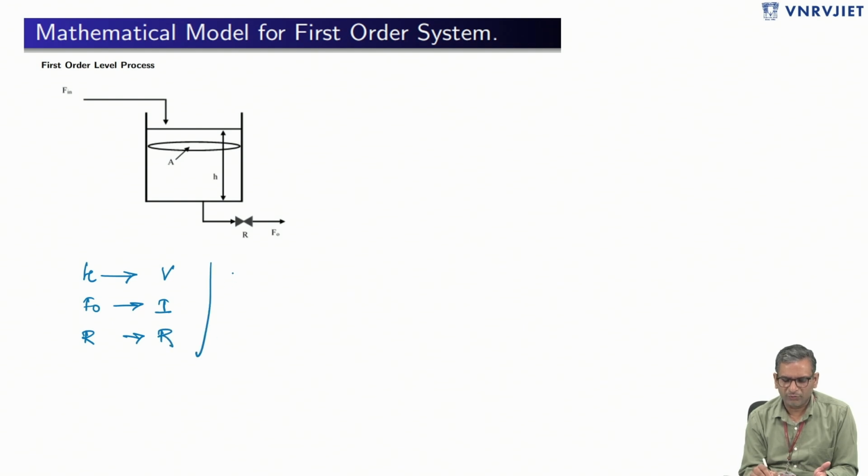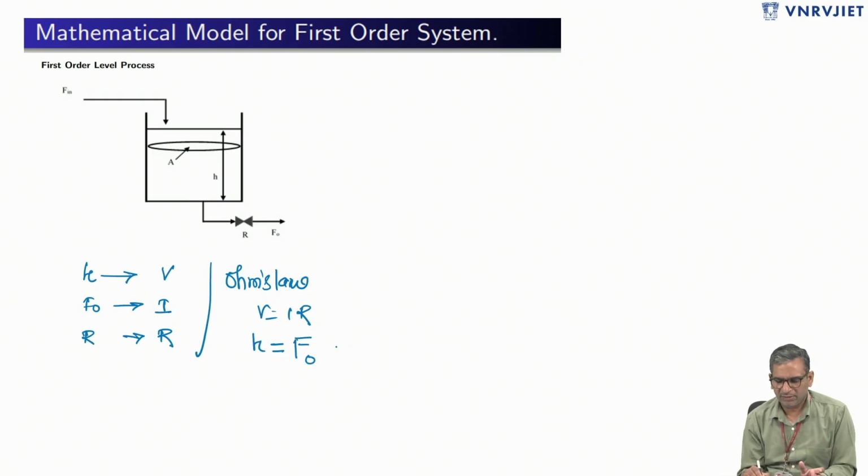Now if you apply Ohm's law, that is V equal to IR, in a similar way I can write for the liquid stored in the tank, H is equal to flow rate F naught times valve resistance R. So we can rewrite the equation for F naught as H by R. Let's say this is equation C.